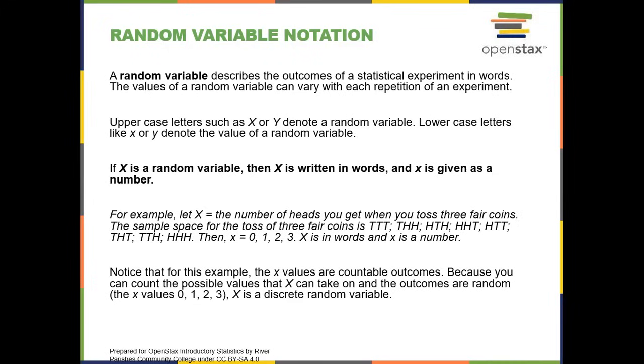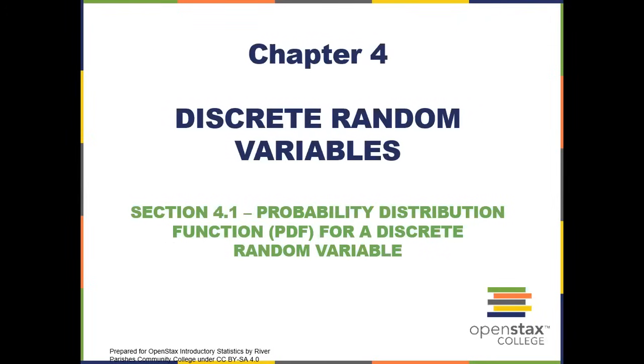Random means you do not know beforehand what results you will get. The small x values are 0, 1, 2, 3. From 0, we jump to 1, from 1 to 2, 2 to 3. So capital X is a discrete random variable. Discrete means jump from 0 to 1, no decimal values in between.